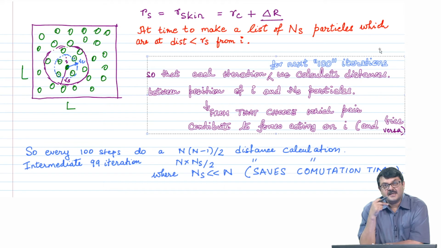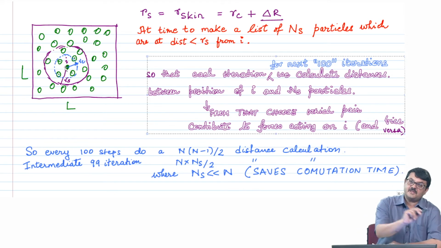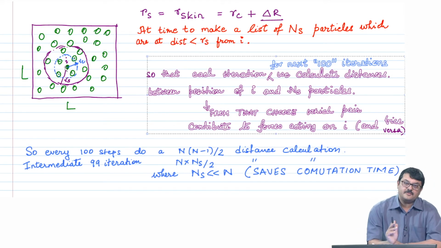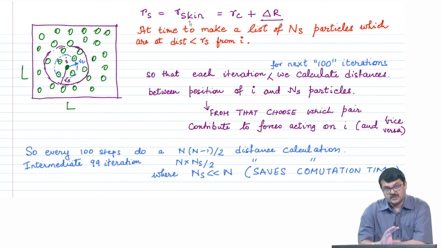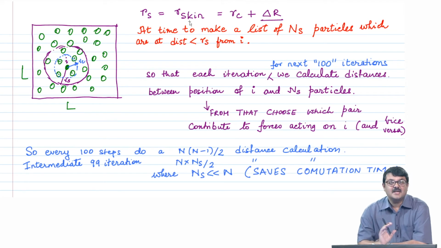Every, say, 500 iterations, you actually check the distance of particle i with all the particles in the box, and from there make a subset, call it NS if you like, corresponding to skin. So, a smaller list of particles, and for the next 500 iterations do not do a distance calculation over all the particles, just do a distance calculation over the small list and figure out which particles it is interacting with.